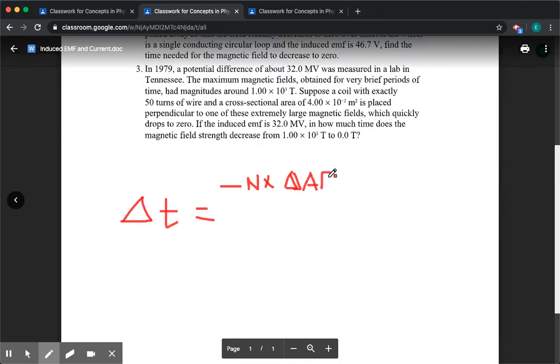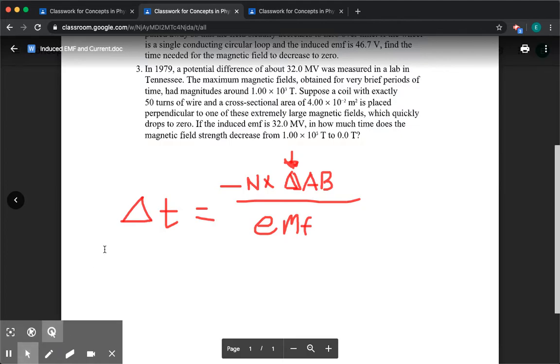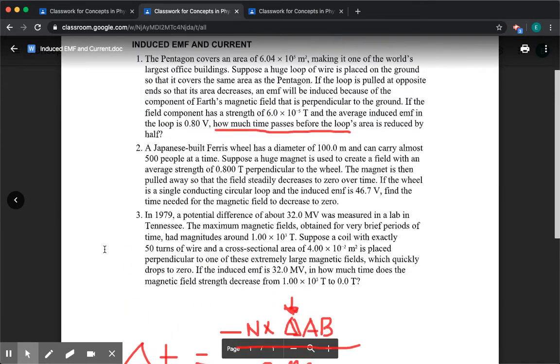This piece right here is a triangle. That is not a variable. Divided by EMF. So this is the equation we're going to be using to answer the question.